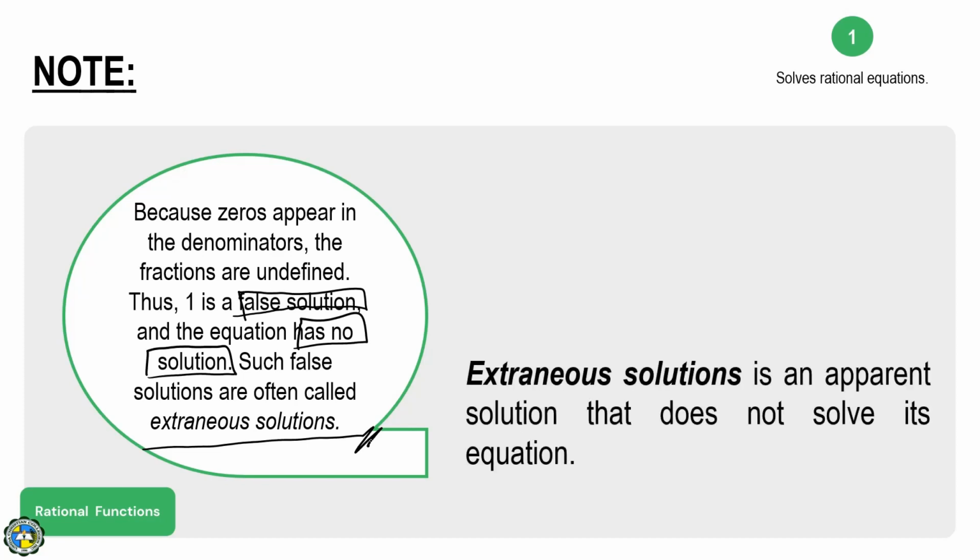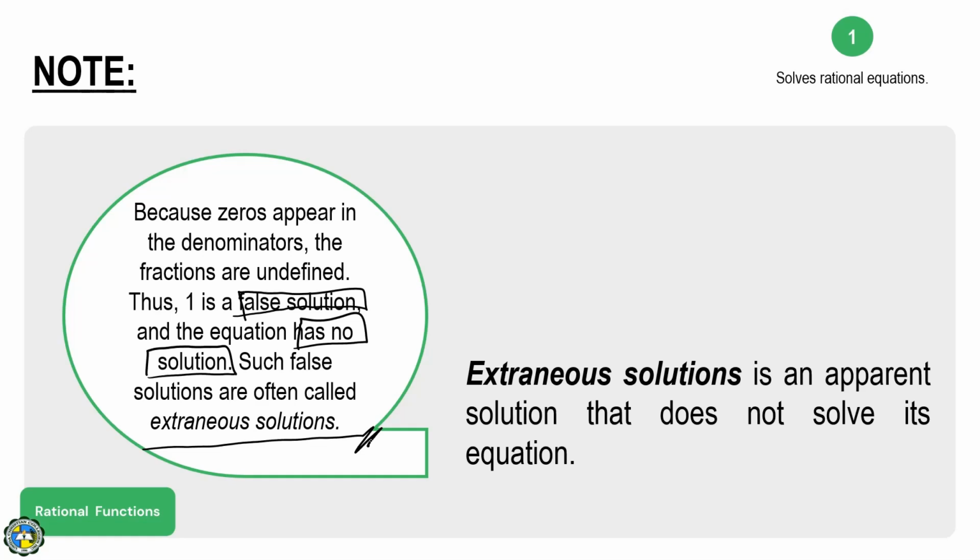And when we say extraneous solution, that is our apparent solution, an apparent solution that does not solve its given equation. When we say apparent, it is evident, it looks like our actual solution, but it does not solve its equation.